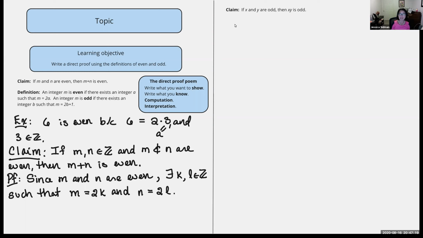Okay, so here I've used the definition of even integers to get myself 2 equations, okay? The equation M equals 2K and the equation N equals 2L. So now I've done the first 2 lines of my poem, right? And now I'm in my computation phase.